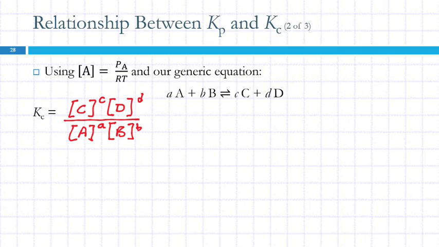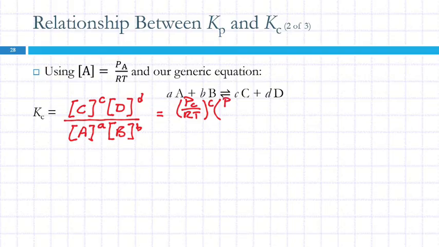Well, what if we put this expression, partial pressure over RT, in there instead? Don't worry, I'm not going to make you repeat this. I'm just showing it to you. So the concentration of C would be the partial pressure of C over RT to the C power.